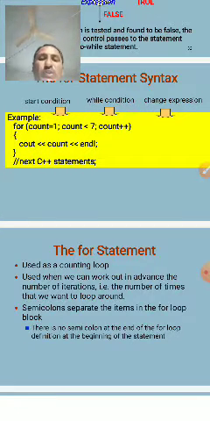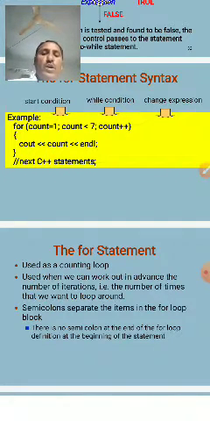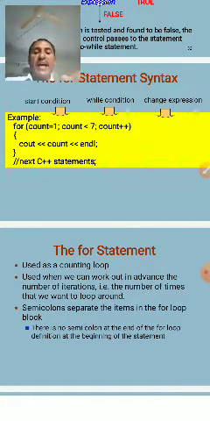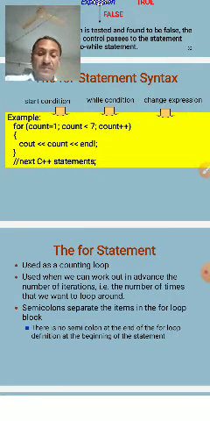So we use a for loop when we can work out in advance the number of times to loop. Then give the loop its initial value and take this condition.